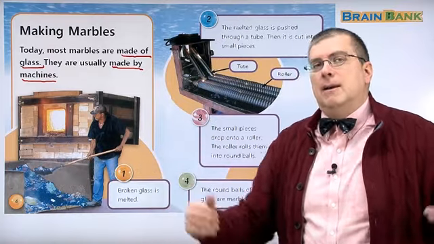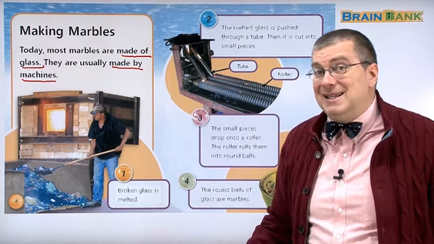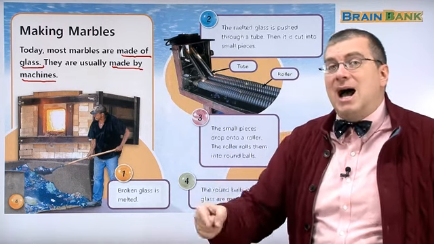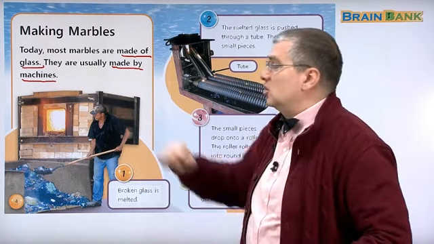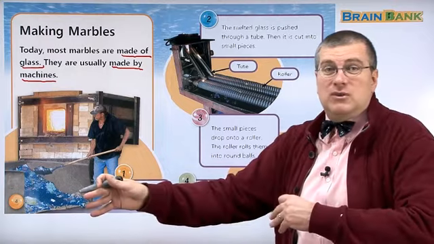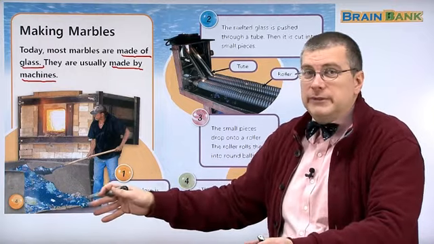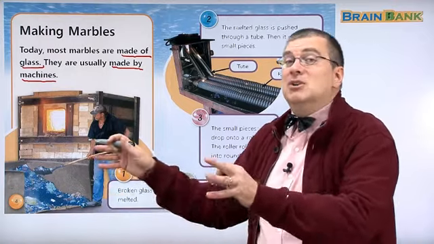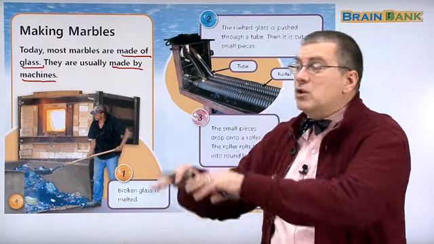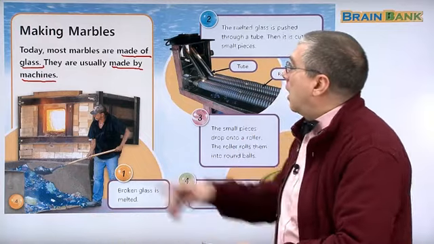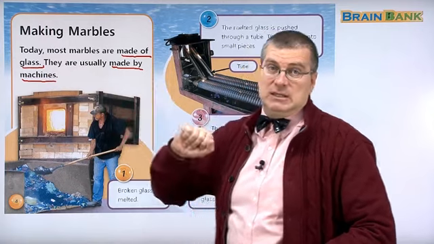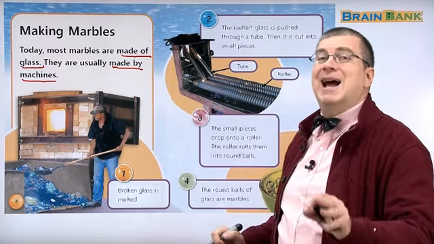Of course, most things that are made today are made by machines. If you go into a store, all the toys are made by machines. All the furniture, most of the things in the store are made by machines. Okay, not by hand.